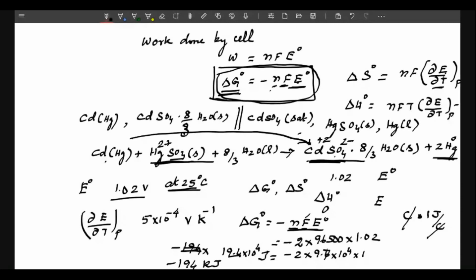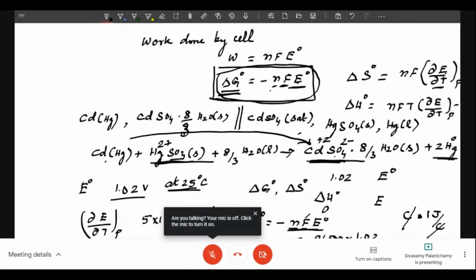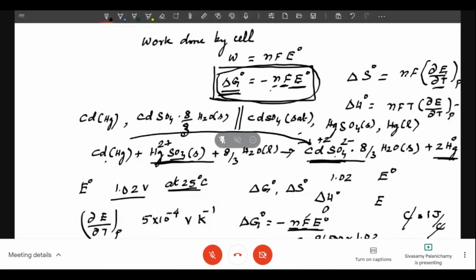This is the way, and you can see the option which is very near to minus 190. In this way you can calculate the delta G.